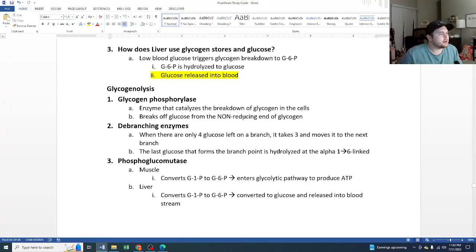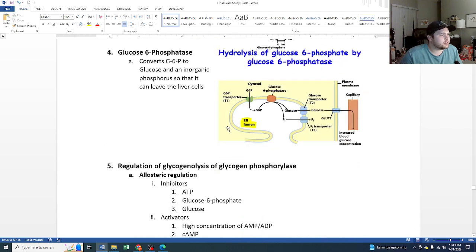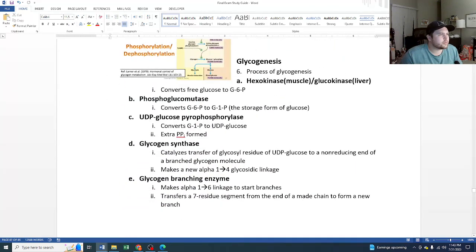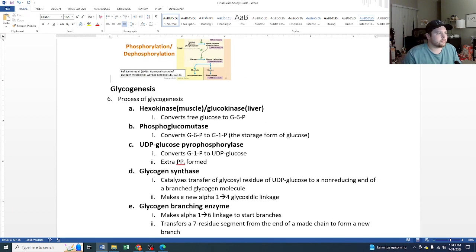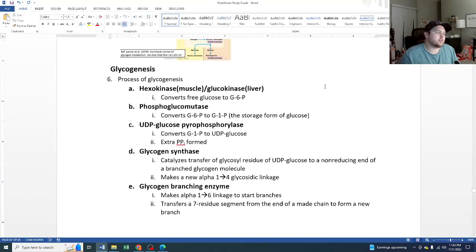Glycogenolysis. Do we have glycogenesis here as well? Let's talk about glycogenesis first. In the process of glycogenesis, hexokinase in the muscle or glucokinase in the liver are going to convert the free-floating glucose in the blood to G6-phosphate.